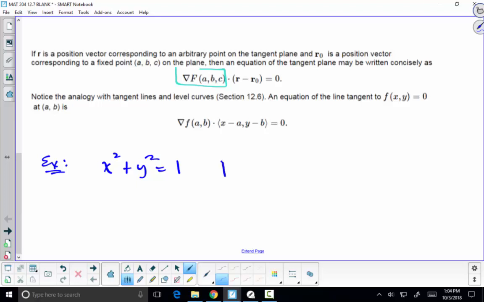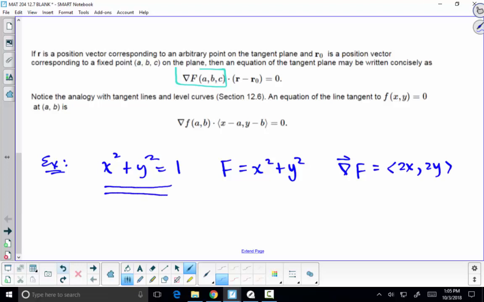What we can do is define a function capital F such that the curve we started with is a level curve of the function capital F. So we build this parent function that has the original curve as a level curve. Then if we take the gradient of this parent function, the gradient is going to be orthogonal to the parent function's level curves, and this is one of the level curves for capital F.